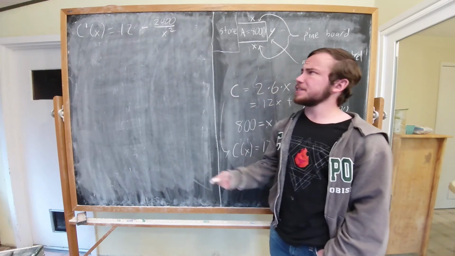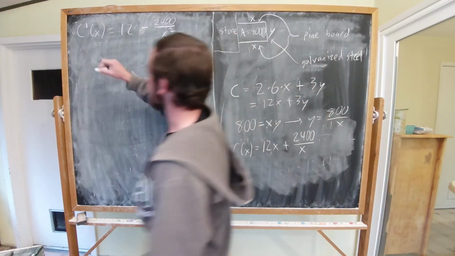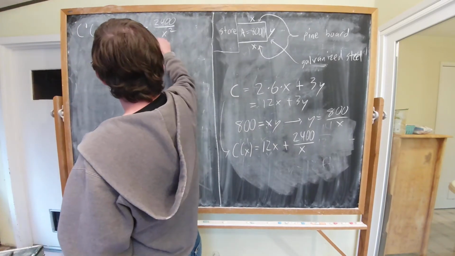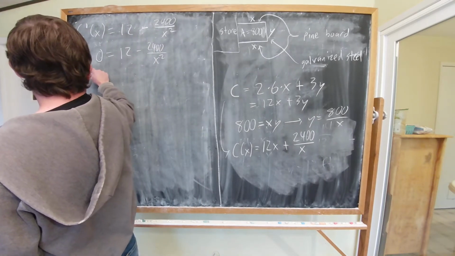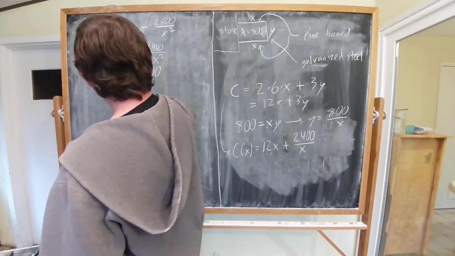It doesn't exist at x equals 0, but we don't care about the x equals 0 case. Let's set it equal to 0 and solve. So 0 is equal to 12 minus 2400 over x squared. Multiplying through by x squared gives 0 is equal to 12x squared minus 2400.